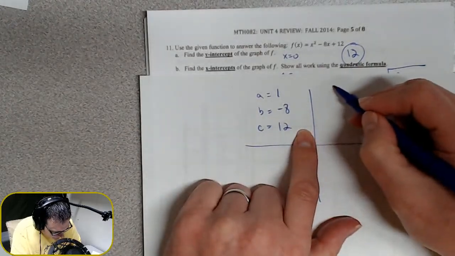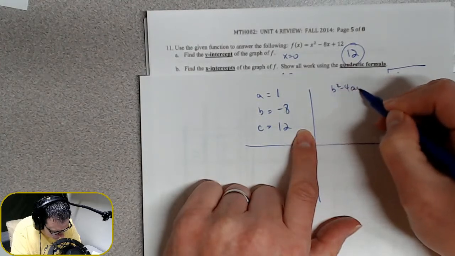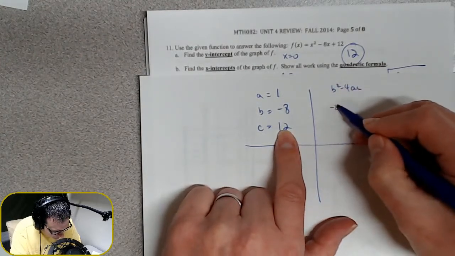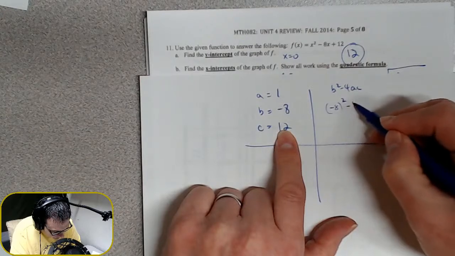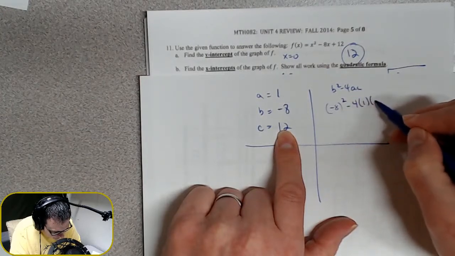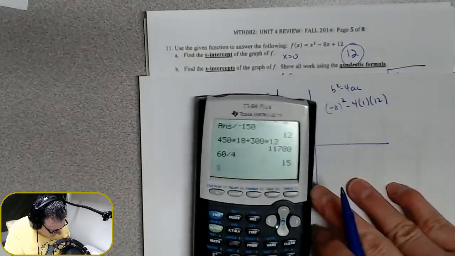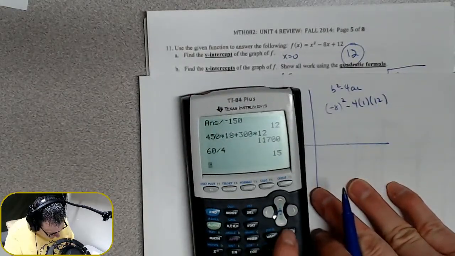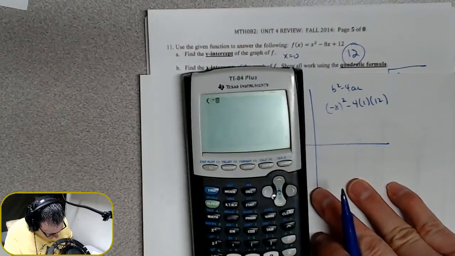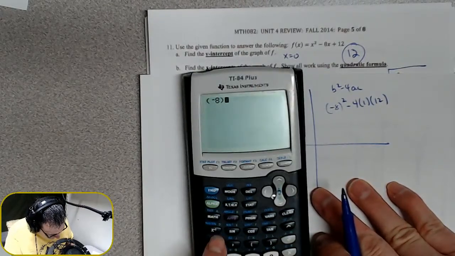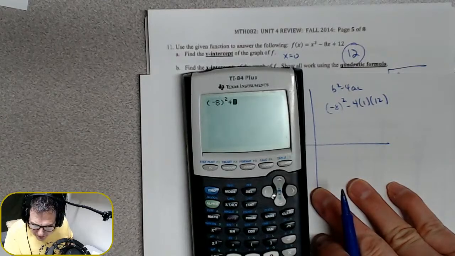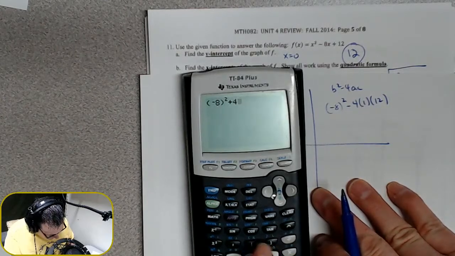Okay, so our little table in class, remember we did this. We first find b squared minus 4ac. Okay, so I found negative 8. Don't forget, if you're using your calculator, which you should be, parentheses, negative 8, close parenthesis, squared, minus 4, parenthesis 1, close parenthesis, parenthesis 12.